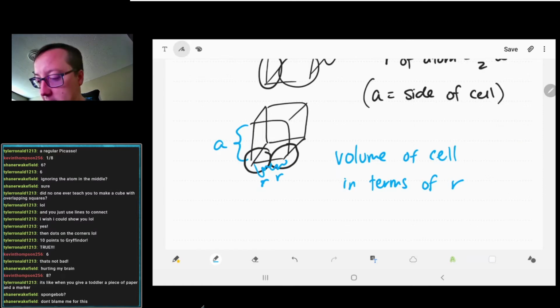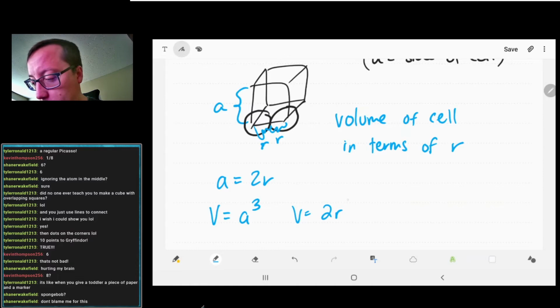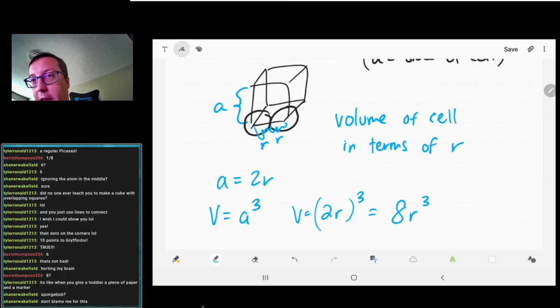We know that if A is equal to 2R, and the volume of a cube is just the side cubed, we would get, of course, 8R cubed would be the volume of our unit cell.